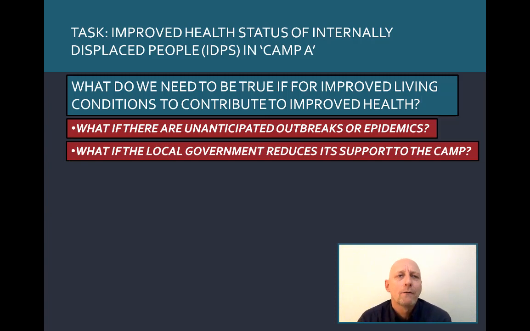And what about if the local government sees that we're doing such a great job and they decide that, okay, let's leave it to you. Remember, we're relying on them to provide healthcare, nutrition, and other kinds of support to the IDPs. So we're also relying on local government to maintain its level of support.